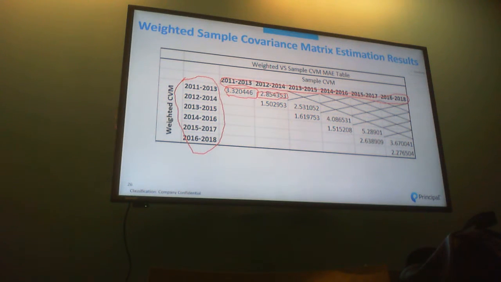This might just be me, but this table's kind of confusing. I think I would rather see two tables, one with the results of the sample covariance matrix and one with the results of the weighted covariance matrix. We will revise this table.